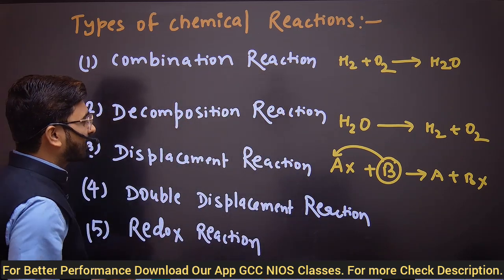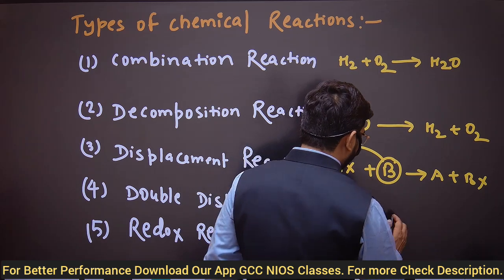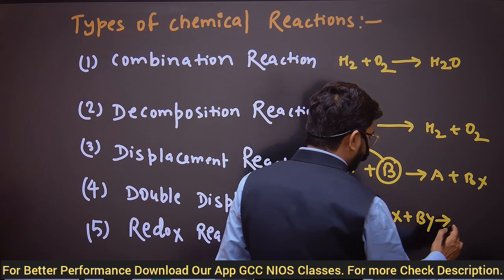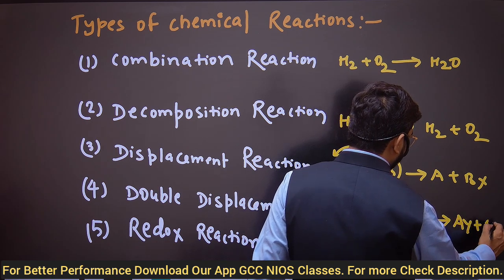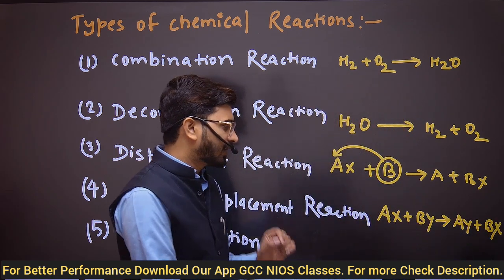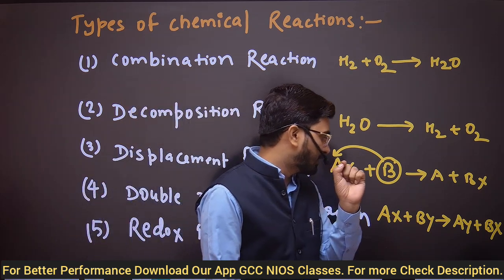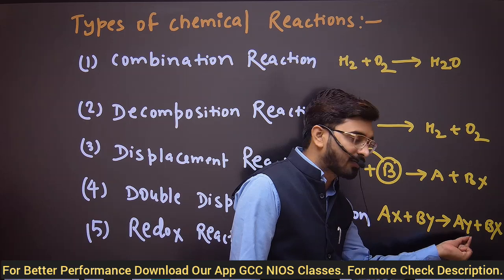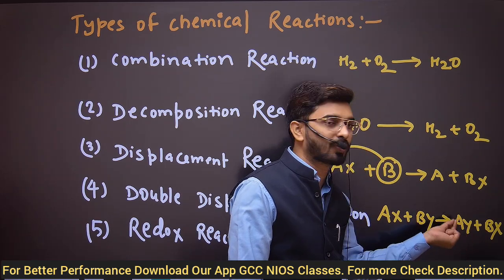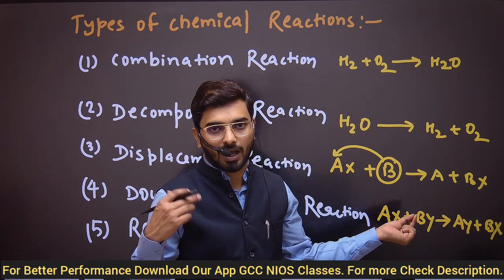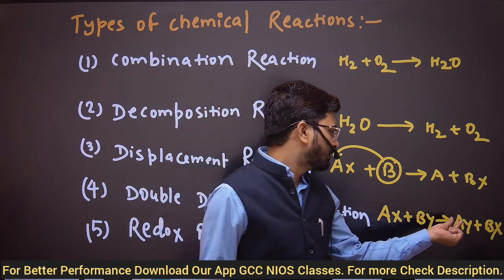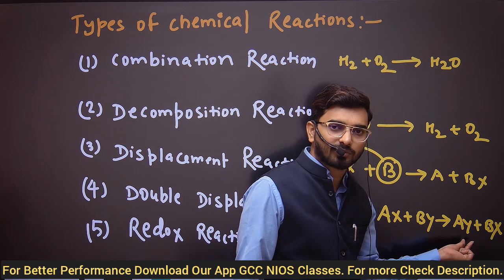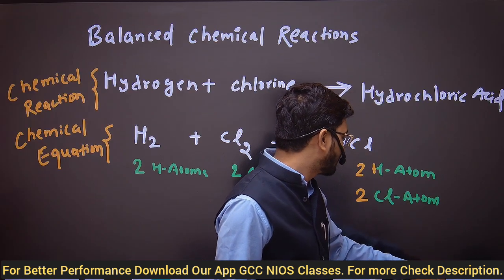Now the double displacement reaction is very simple, no condition. We write AX plus BY, and only interchange, giving AY plus BX. But one thing you should notice, attention please: when you make any molecular formula, always keep in mind the rules that I told you, like valence electrons and interchanging, which you forget very soon.